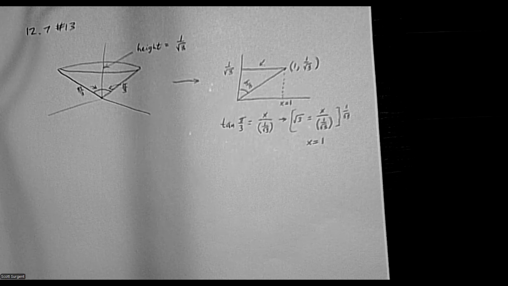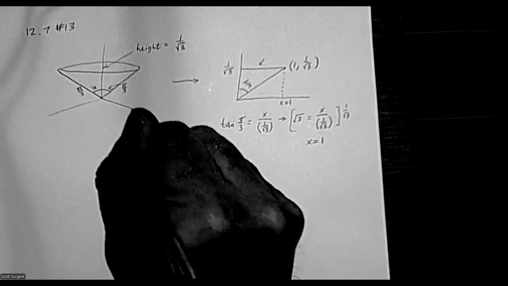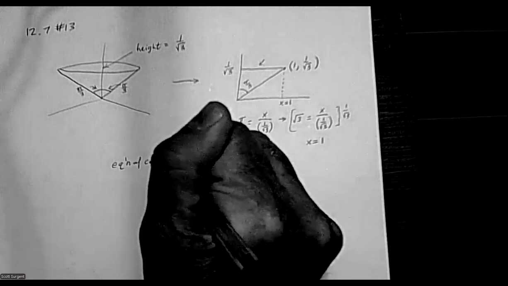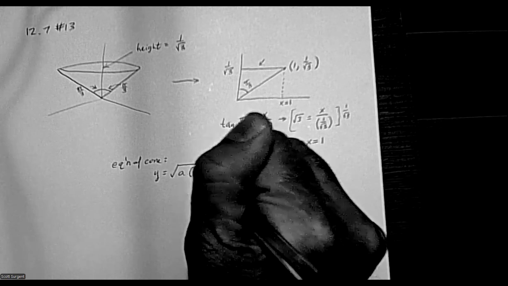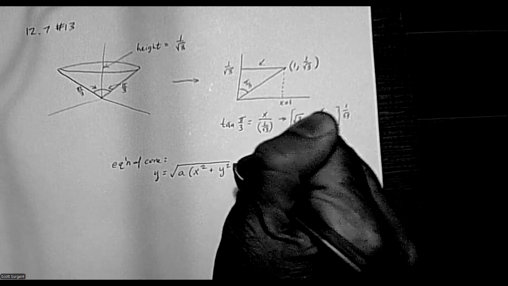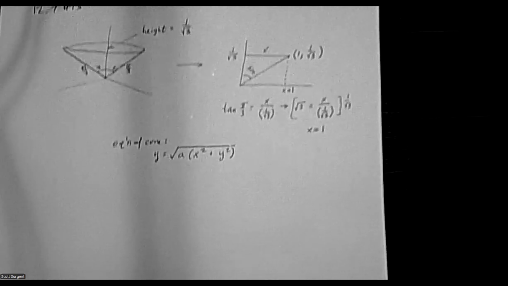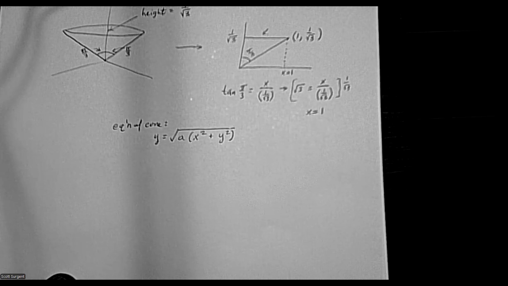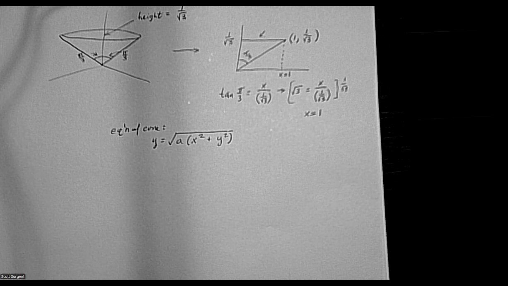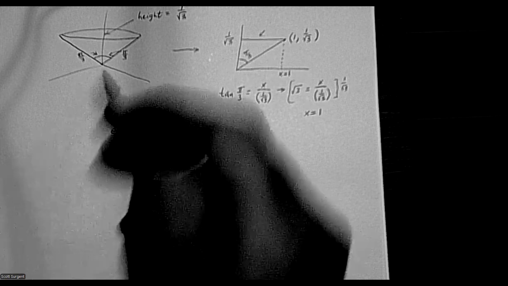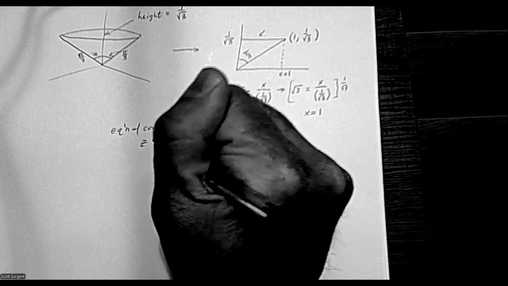And so now I need the equation of the cone. In general, the equation of the cone has this form: z equals the radical of x squared plus y squared with some coefficient in front. I find it convenient to put the coefficient inside the radical. I'm sorry, that should be a z. My bad.